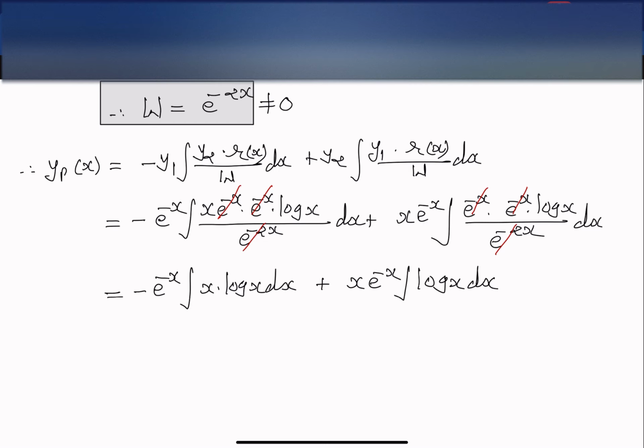Okay, now can you tell me what is the integration of x log x and what is integration of log x? So let me explain integration of log x.